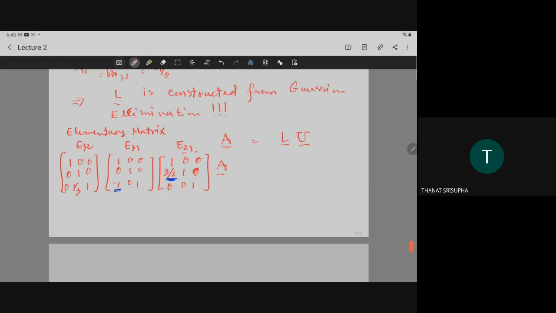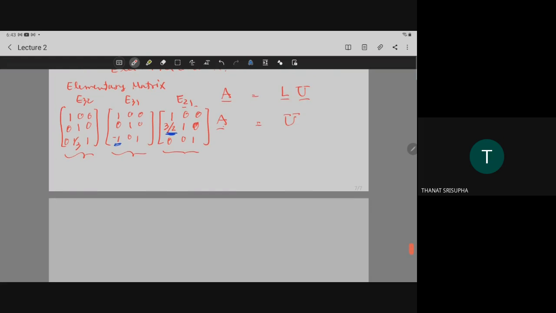It turns out that if we multiply A with all these elementary matrices, we will get U. And we can write this as A equal to E32 inverse, E31 inverse, and E21 inverse multiplied with U.